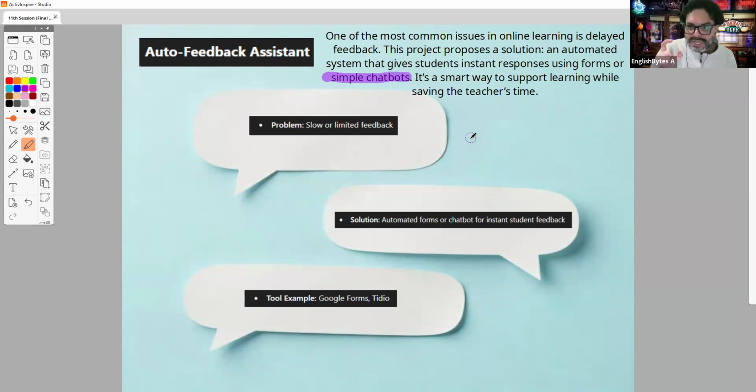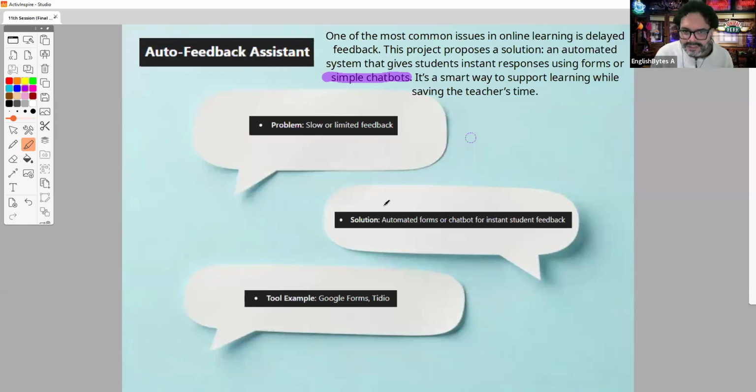Remember, a chatbot is something that you can create with ChatGPT. I mention ChatGPT because it's the one I use. I'm not sure if you can create chatbots with any of the other AIs that you work with, like Gemini.